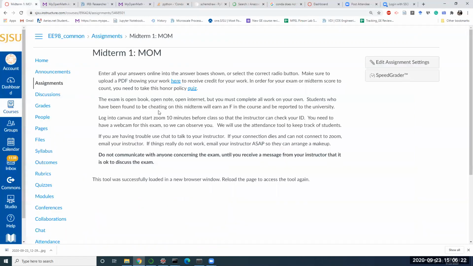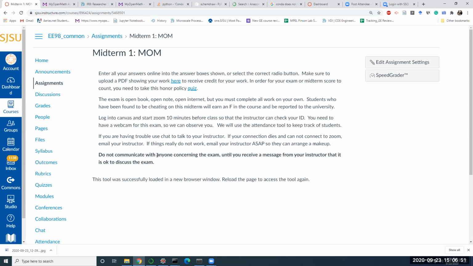So you'll do your exam. You'll enter in the answers into My Open Math, but what I strongly suggest is, on blank pieces of paper, show your work for each question, put your name and your student ID on each page, and write out the question.